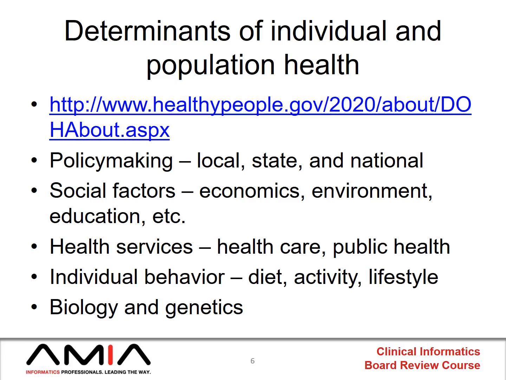There are many social factors that are determinants of health, both individual and societal, economics, environment, education. Obviously, health services affect individual and population health, not only the healthcare system, but also public health. Clearly, individual behavior, diet, activity, lifestyle, and so forth affect individual and population health. And of course, there are underlying issues in biology and genetics that affect health as well.